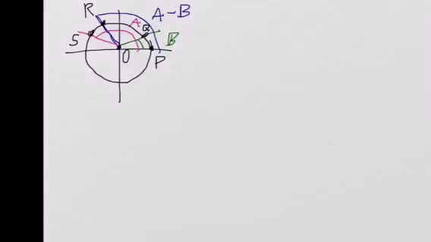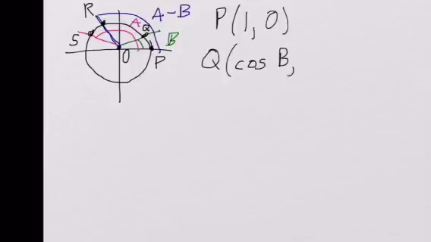Now, because these are on the unit circle, we know, first off, P is the point (1, 0). But then Q, because it's on the unit circle, we know that point is (cosine B, sine B).